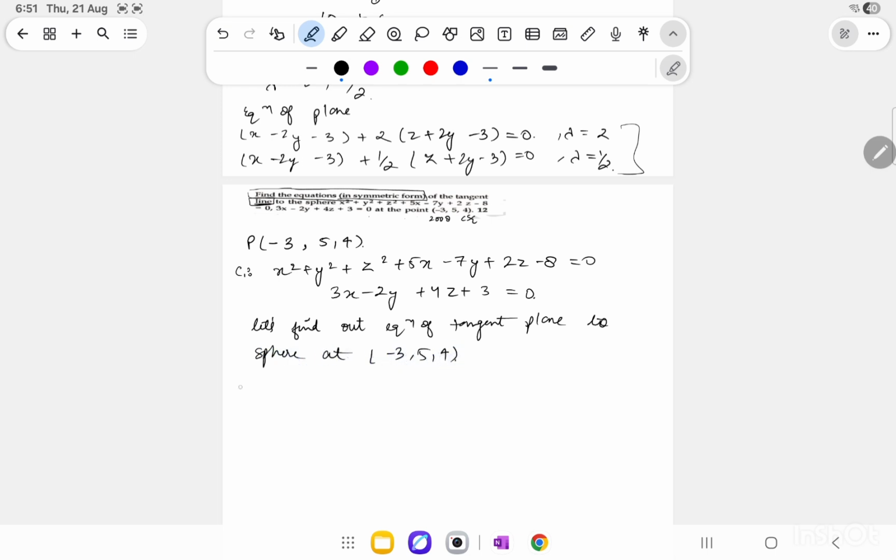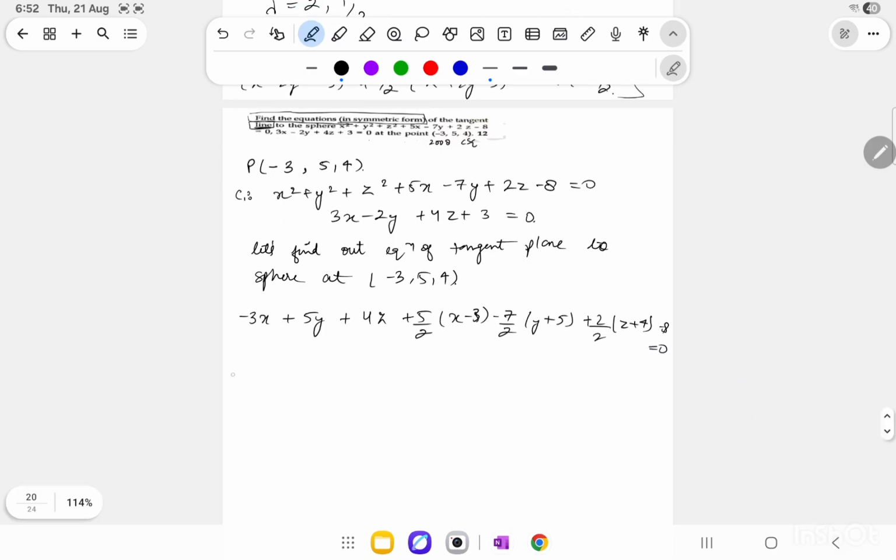That would be minus 3x plus 5y plus 4z plus 5 by 2 into (x minus 3) minus 7 by 2 into (y plus 5) plus 2 by 2 into (z plus 4) minus 8 equals 0.